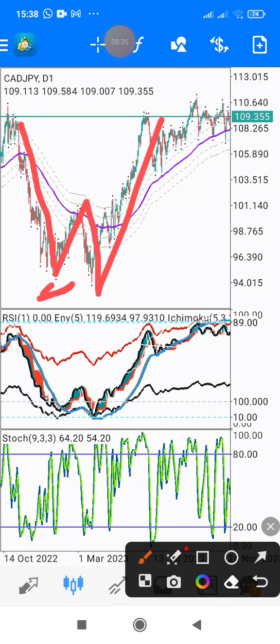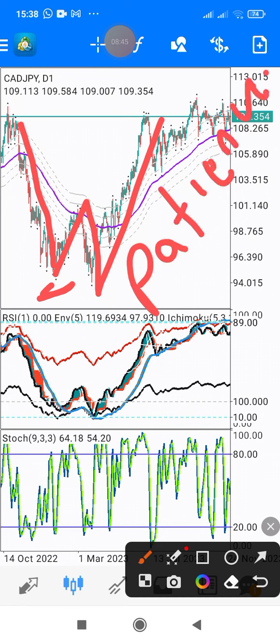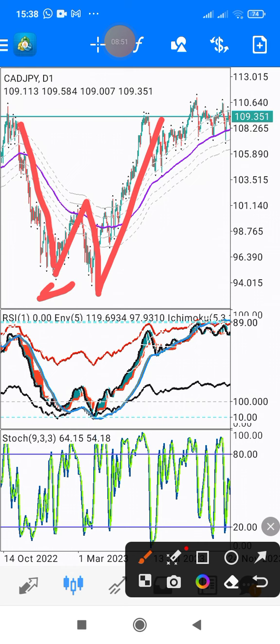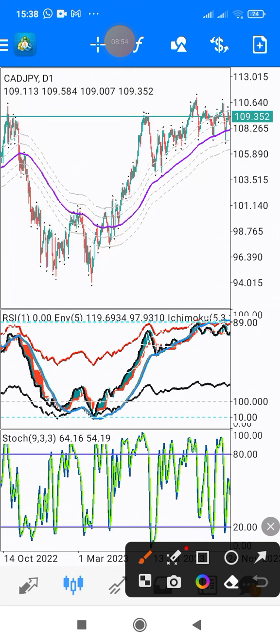So what the market usually needs is what is called patience. Forex is not a get-rich-quick scheme.